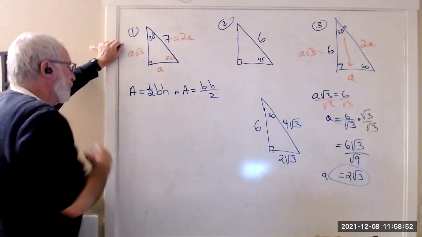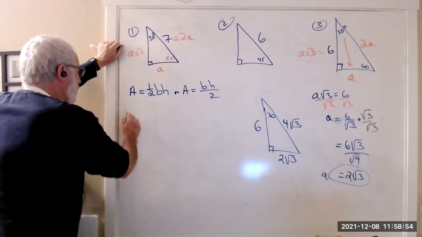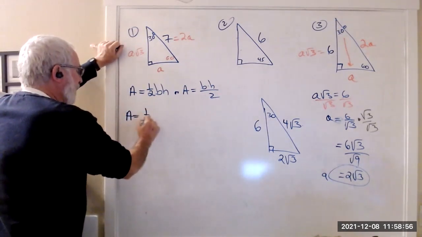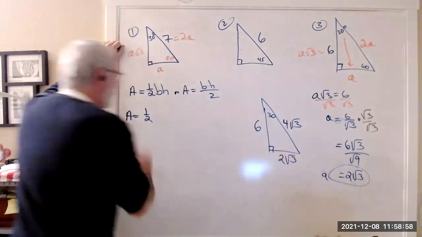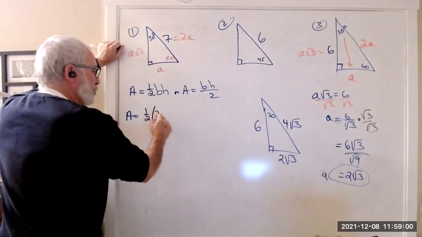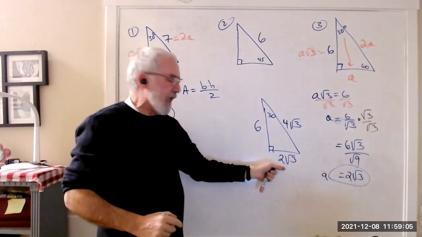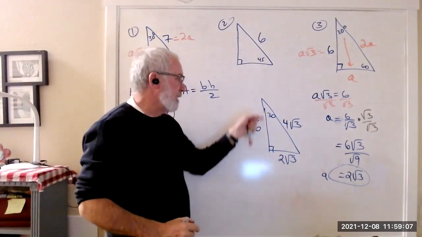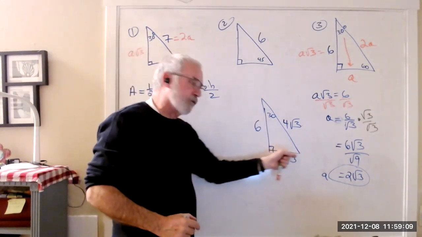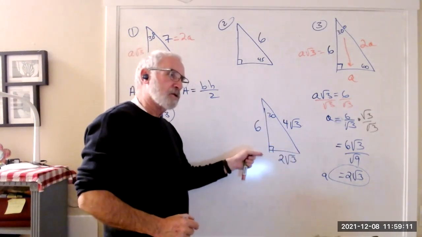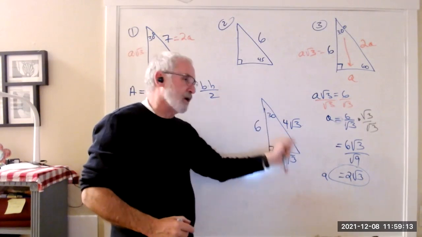But here's the question. Well, I'll just do it. It's 1/2. The base of this is 2 radical 3. And the height is always measured at right angles to the base. This hypotenuse is not the height.